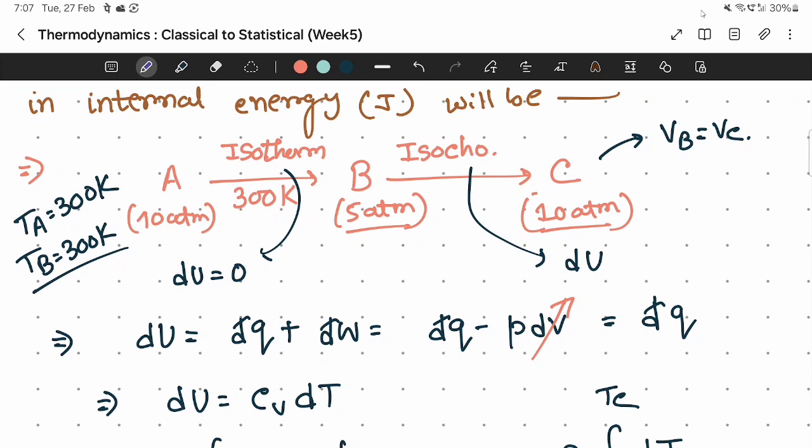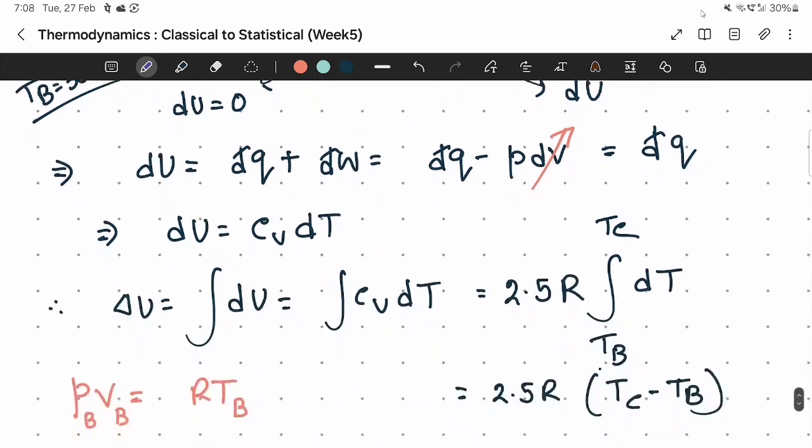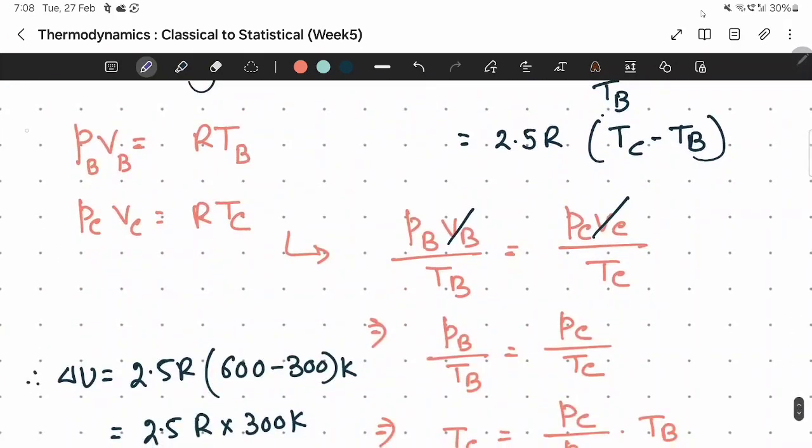But the second process is isochoric, and for an isochoric process the volume is constant, and for this process the internal energy will change. So we have to find the internal energy change for the isochoric process, the second one. That will equal CV dT, and here we have to be careful to use the ideal gas equation. Then only we can find it out.